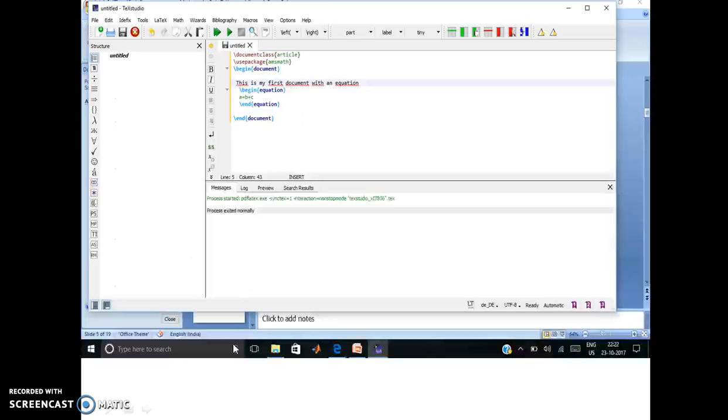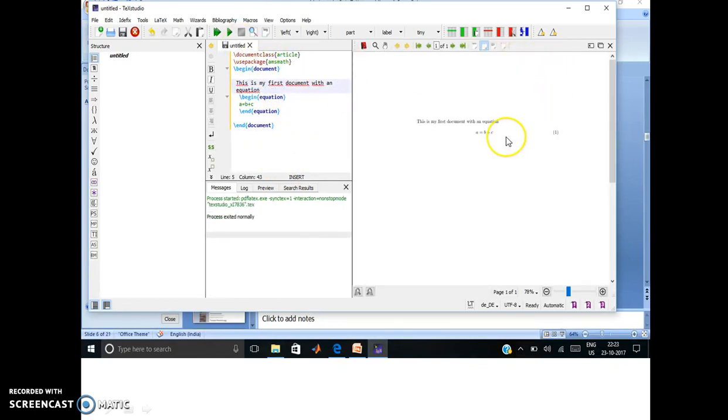So when you typeset this, it is written here. When you run this, you get this output. This is my first document. A equal to B plus C, with an equation number given here. Suppose you don't want this equation number, all you have to do is put an asterisk symbol right after equation.